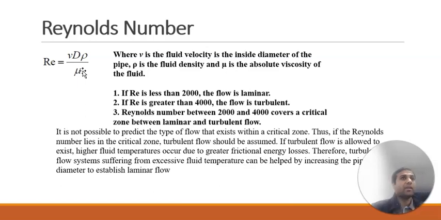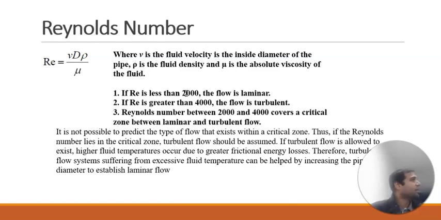If you are given all these values, you put the values in, press enter. If you are getting an answer less than 2000, the flow is laminar. If the Reynolds number is greater than 4000, it is turbulent.